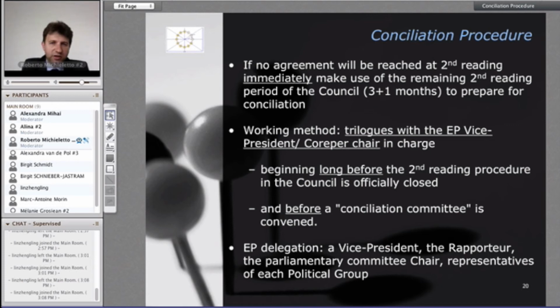So you see that from a political point of view, the power they have is much higher. And they can start immediately whenever they want, basically, when they understand that there will not be a second reading agreement. So the Council will not accept the position or the amendments made by the European Parliament in the second reading.